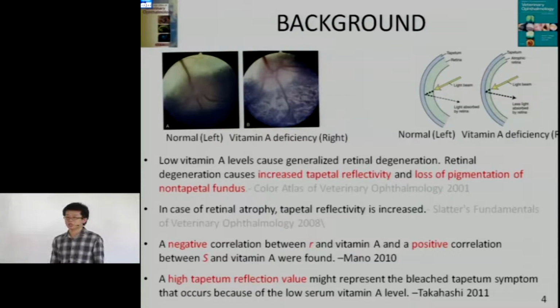In 2011, we conducted the anatomy experiment. We cut the eyeball of normal cattle and vitamin deficient cattle, and we found a higher tapetum reflection value in vitamin deficient cattle.